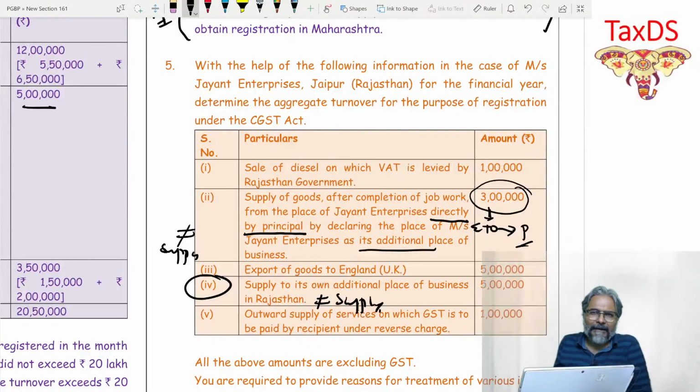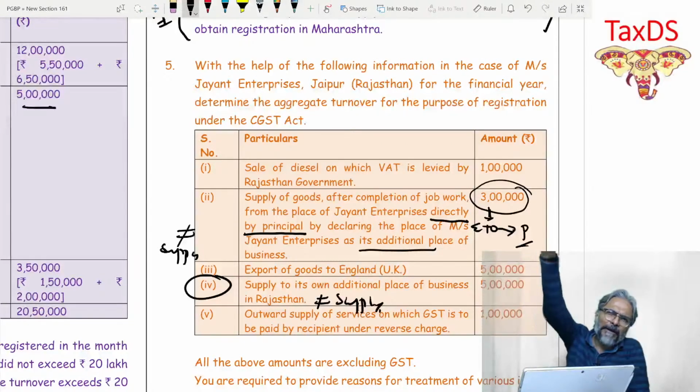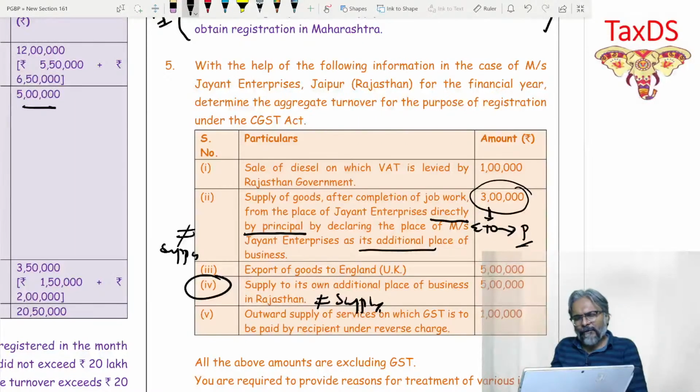Here, you can make an error. Students, if Jayant Enterprise would have done only this kind of supply, there is no other supply information given to you, that Jayant Enterprise is only supplying where the liability to pay would go to the recipient under the reverse charge mechanism.